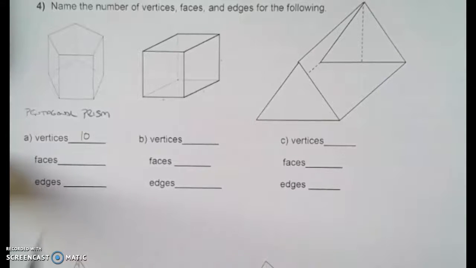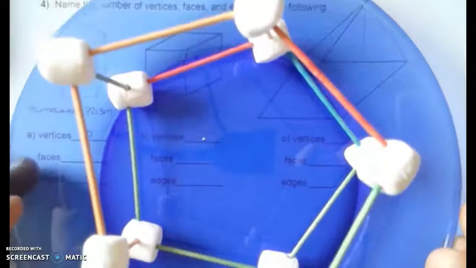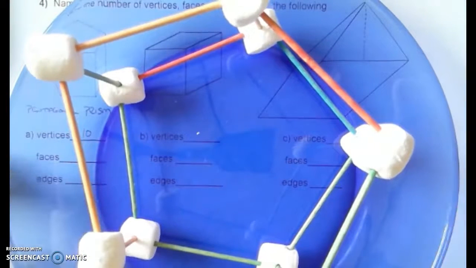The edges are going to be the toothpicks. So if I go ahead and count up all of my toothpicks, I know that the pentagon is a 5-sided shape.